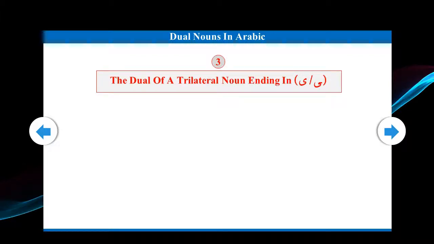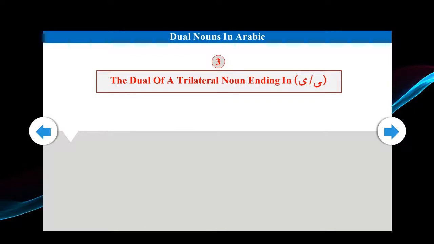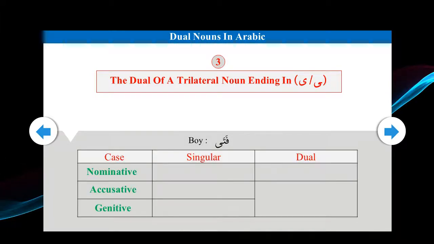The third case is when a trilateral noun ends in Alif maqsurah. Let's take the example of the word fata, which means a boy. When a noun ends in Alif maqsurah, the indefinite singular will always be voweled with fathatan in all cases. This fathatan is put at the letter that is before Alif maqsurah. So we will have فتى in all three cases.